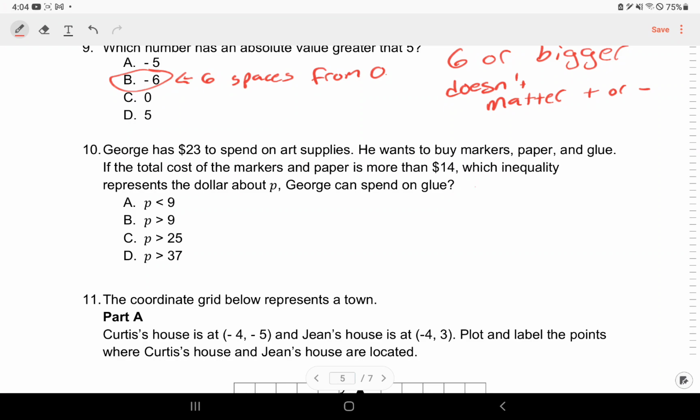Well, 23 minus 14. Cancel, borrow. 13 minus 4 is 9. So he spent more than 14, so he has less than $9. So P is less than 9. And so that's A, because they spent more than $14, so they had less than 9 left.